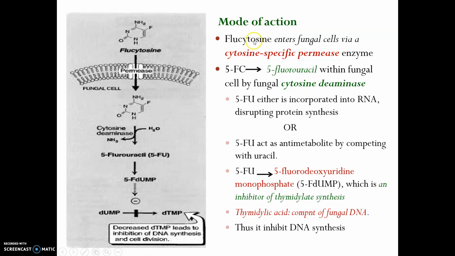The mode of action is that flucytosine enters the fungal cells via the cytosine-specific permease enzyme. Then within the fungal cell, 5-flucytosine is converted to 5-fluorouracil by cytosine deaminase.